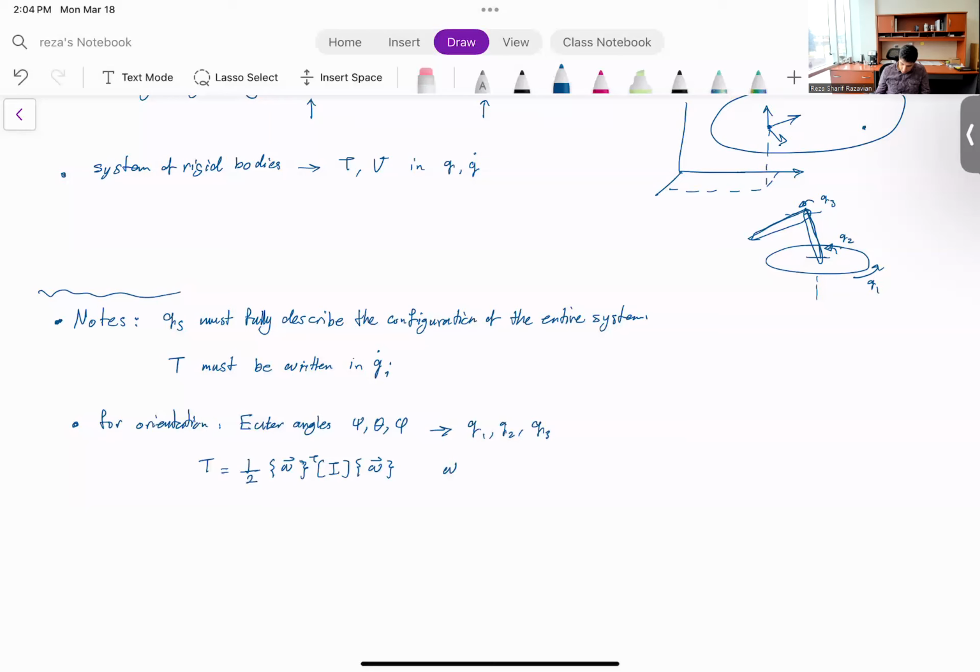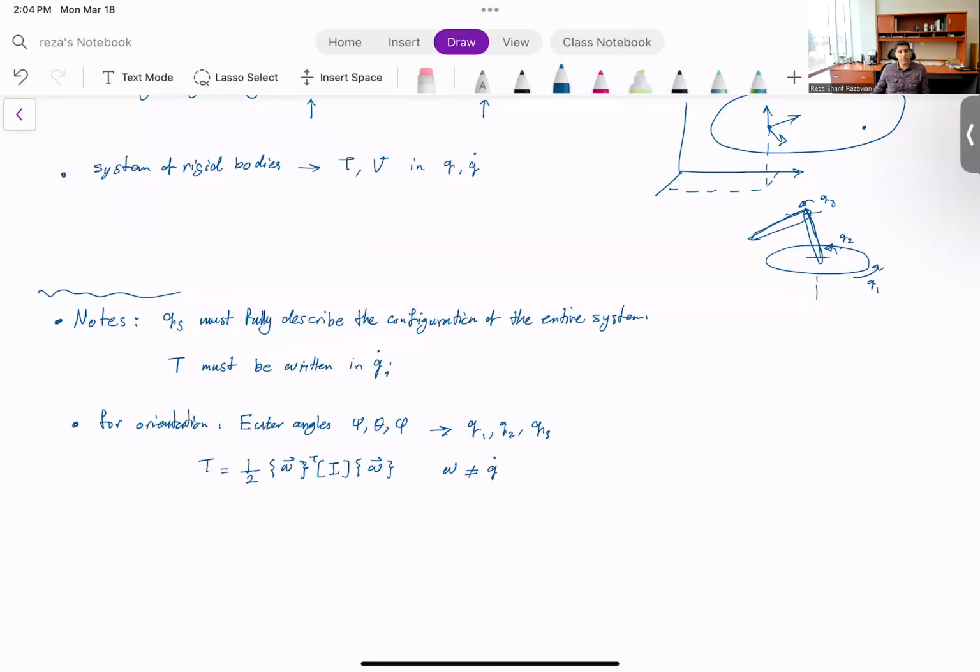But these omegas are not my derivatives of generalized coordinates. So to be able to use these variables, Qs, in a Lagrangian form, I should write my kinetic energy as a function of the derivatives of these generalized coordinates. And we will see that in the next video.